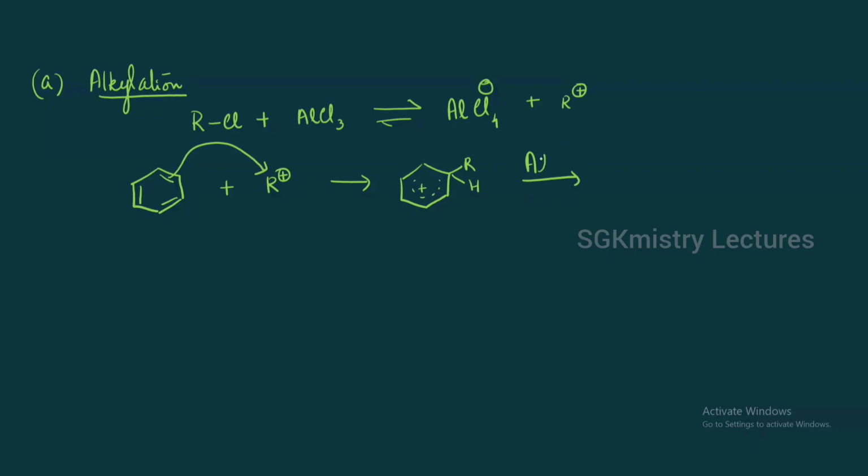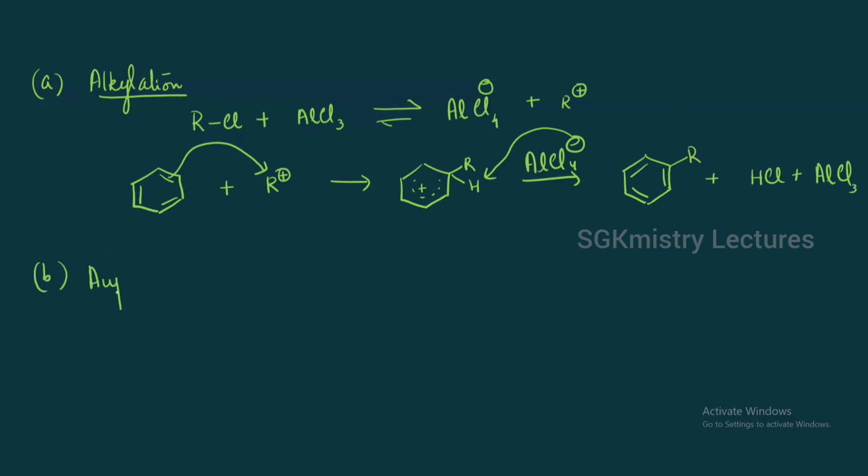Now, the aluminum chloride has abstracted one chloride ion, so it has become AlCl4 minus. Because we know that AlCl3 is a Lewis acid, it abstracts a Cl minus and becomes AlCl4 minus. Now this will abstract the H, and you're going to get the R group attached to the ring along with HCl and AlCl3, right? So this is how the alkylation takes place.